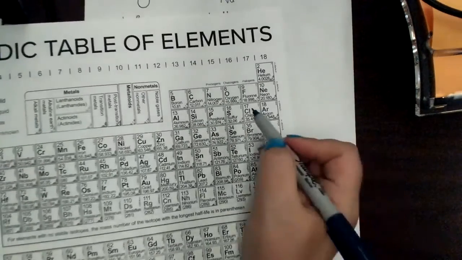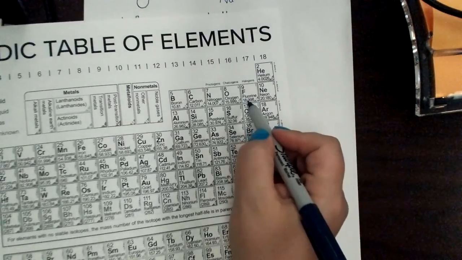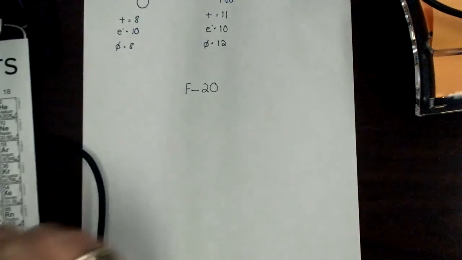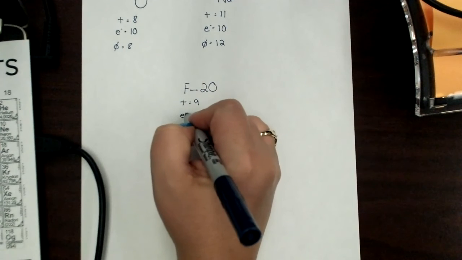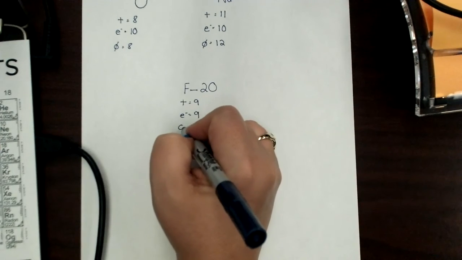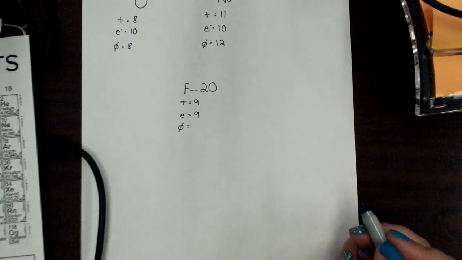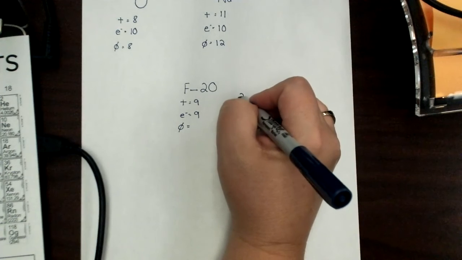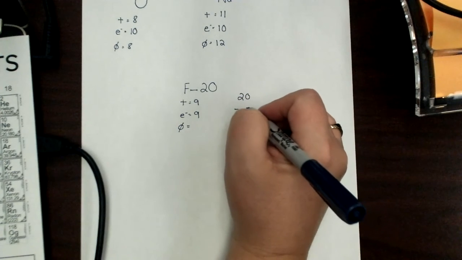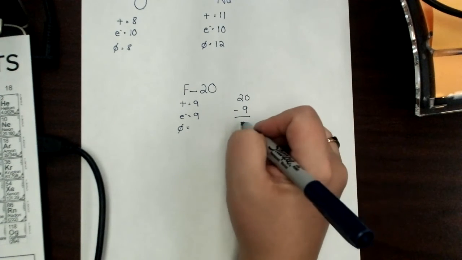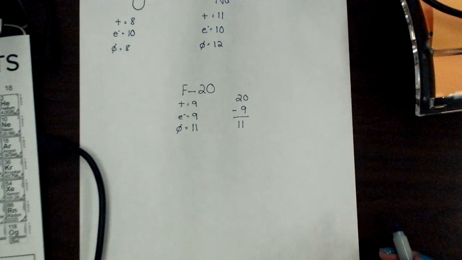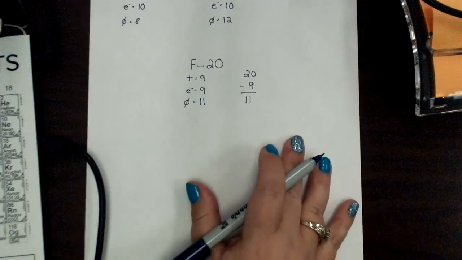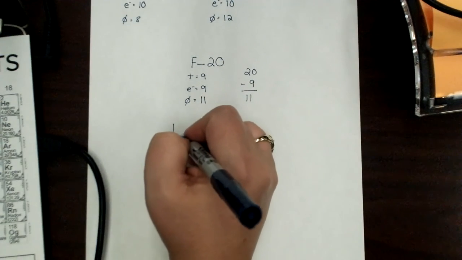So I'm going to ignore the normal mass number, which would be 19. So I would find my protons, which would be 9, my electrons, which would be 9. But then when I go to find my number of neutrons, I use the new mass number, 20 minus 9, and I have 11 neutrons.